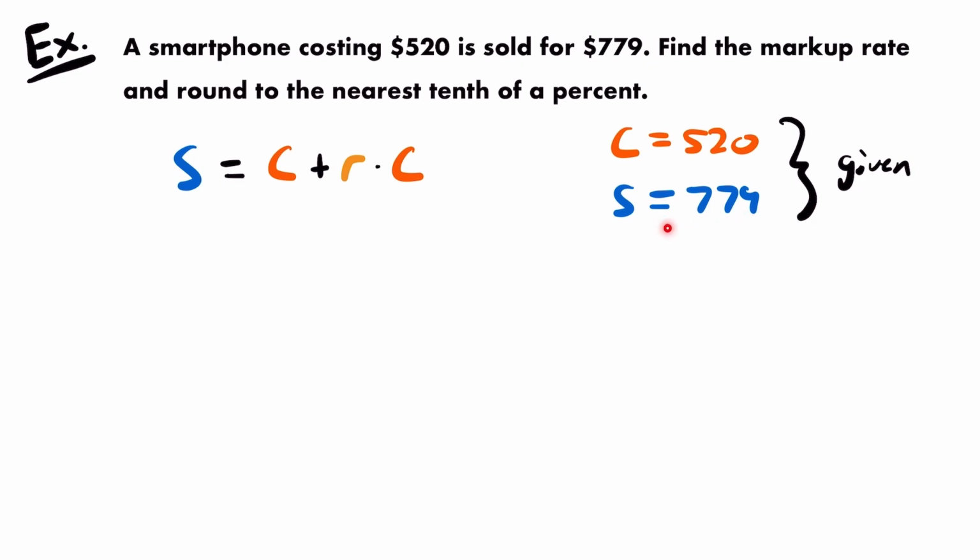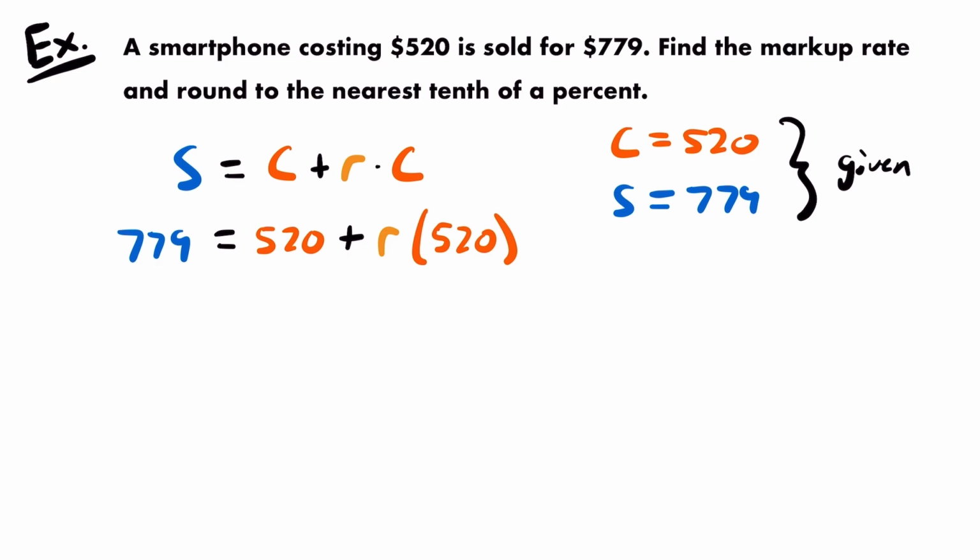So let's substitute 779 in for S and 520 in for each of these C's. If we do that, we'll have 779 is equal to 520 plus the markup rate R that we don't know times 520. All right, now what we want to do is solve for that variable R. That's the unknown value in this equation. So let's use our skills for solving equations here and isolate this variable term.